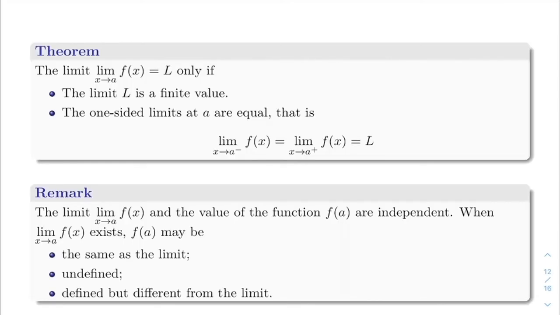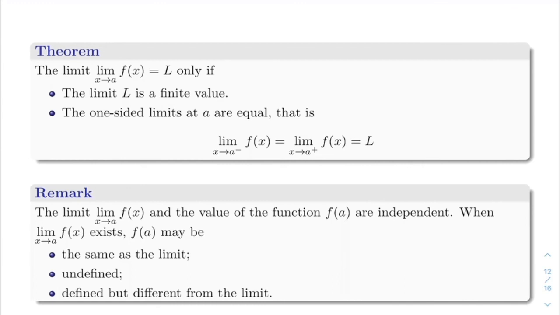The theorem says the following. The limit of a function f when x goes to a is equal to L only if the following holds. So the limit L is in fact a finite value. This means that the function has to be approaching a real value and not going either to infinity or negative infinity.